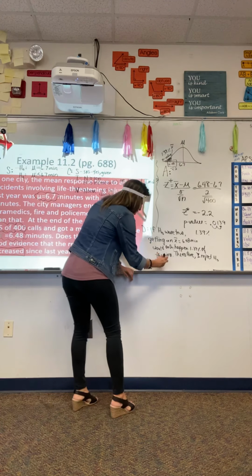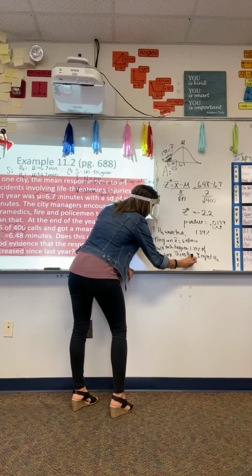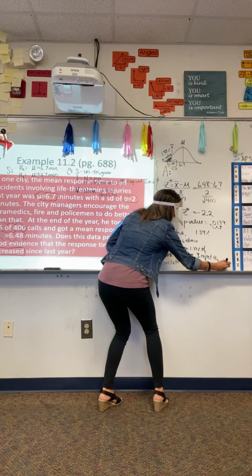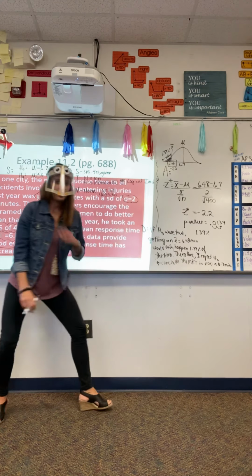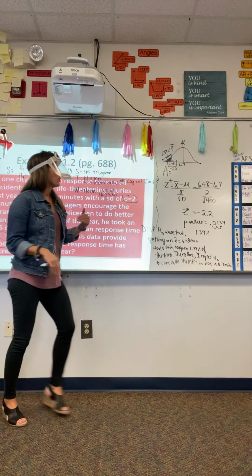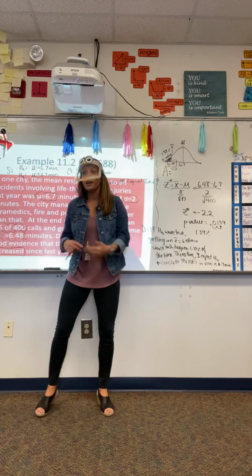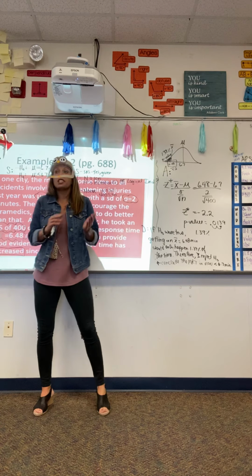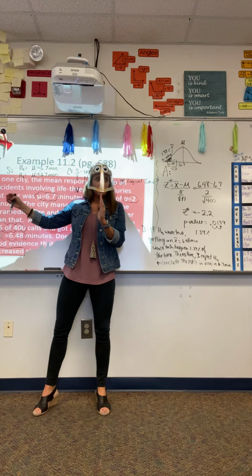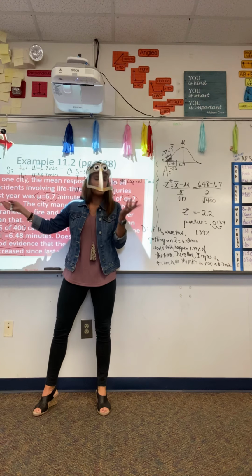So I reject HO and conclude the mean response time is now less than 6.7 minutes. Because if the HO were true, I would only get 6.48, 1.39% of the time. So since my X bar is so far away from their claim, then I know that their historical view can no longer be true. Okay?